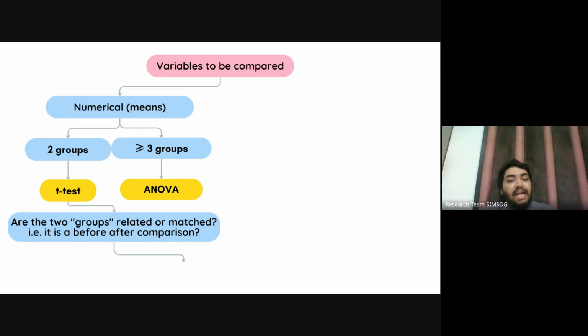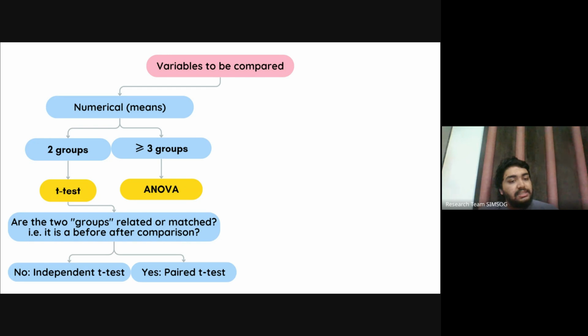If your answer is yes, the same group is being checked at two different points of time or two different conditions, the answer is the paired t-test. But if it's not, then you call this the independent or unpaired t-test. Okay, so I guess you understood that.